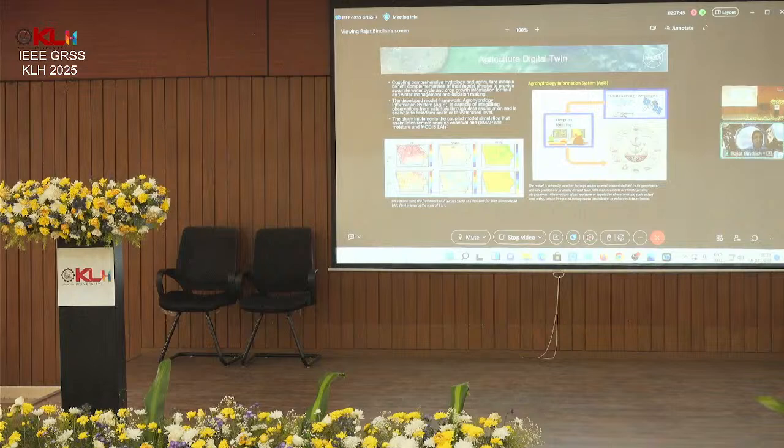hydrology models. And this was run at a 1 kilometer scale over the state of Iowa, which is a very heavy agricultural state.